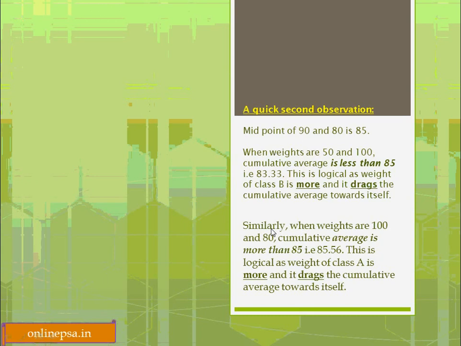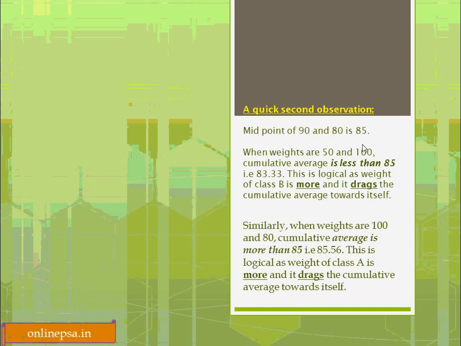Similarly, when the second scenario said that there were 100 and 80 as the number of students in class A and B respectively, the cumulative average came out to be 85.56, which is more than 85.